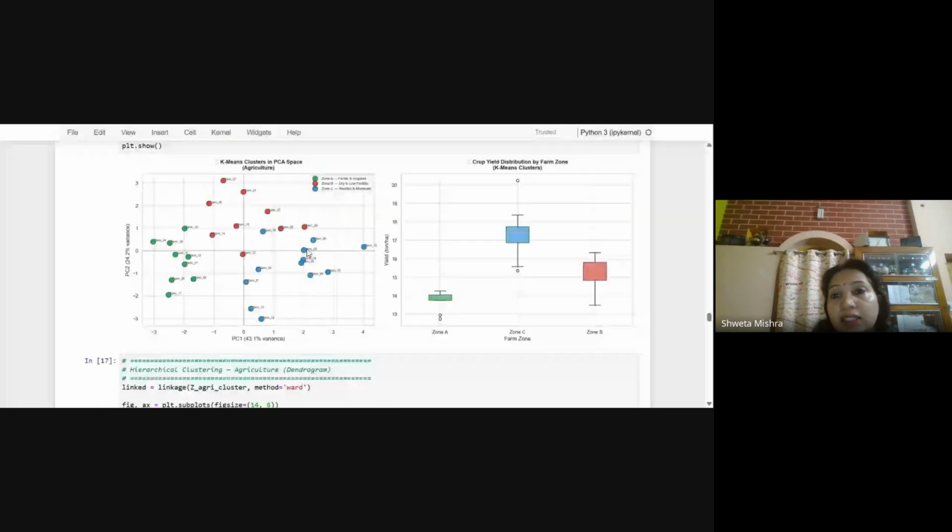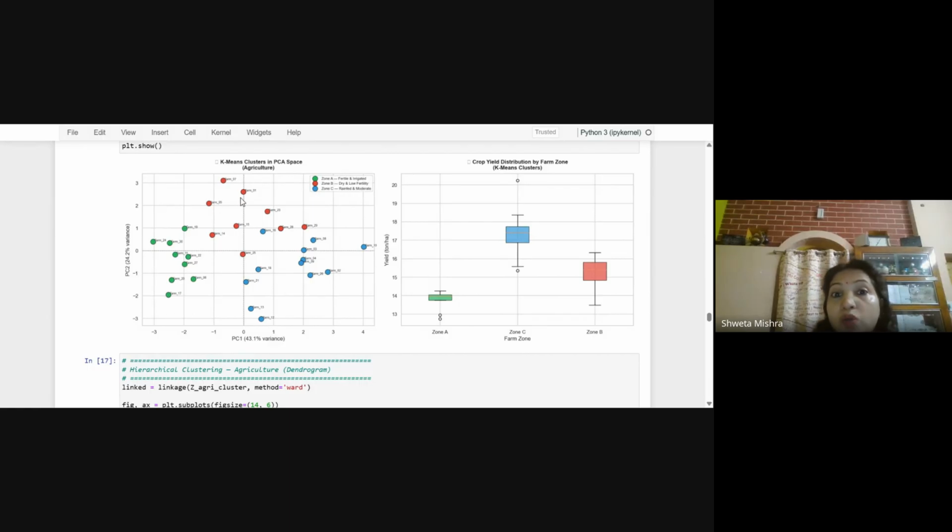As we are saying, clustering means we are making the data into different groups. Here you can see group A is shown as green dots, so PCA1 and PCA2 are matched.